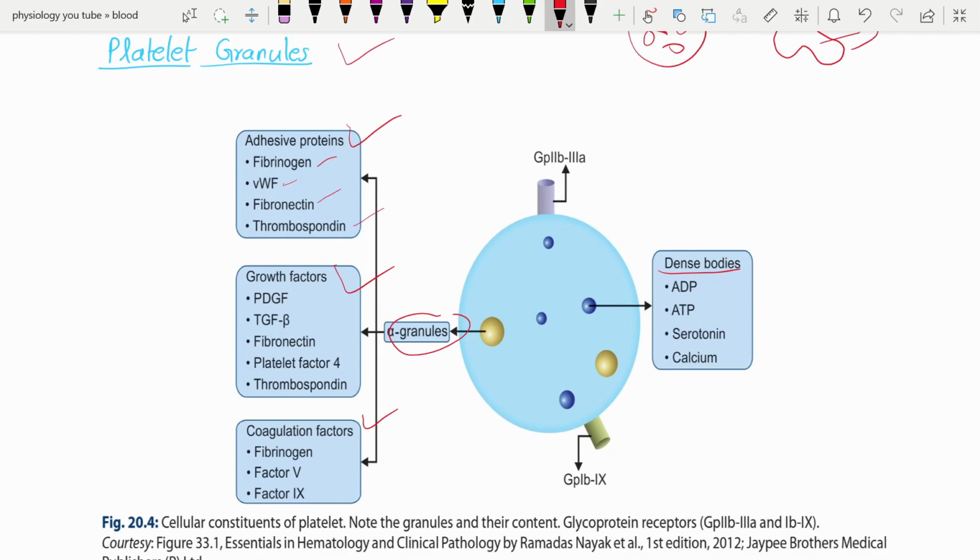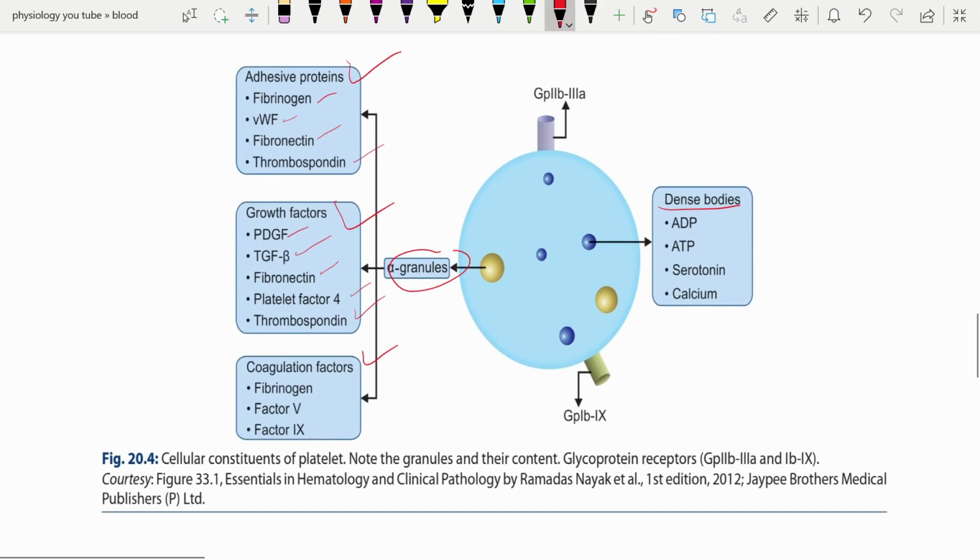Growth factors: platelet derived growth factor, transforming growth factor beta, fibronectin, platelet factor 4 and thrombospondin. Coagulation factors: fibrinogen, factor 5 and 9. Dense bodies have ADP, ATP, serotonin and calcium. These are the receptors for von Willebrand factor and some other factors.